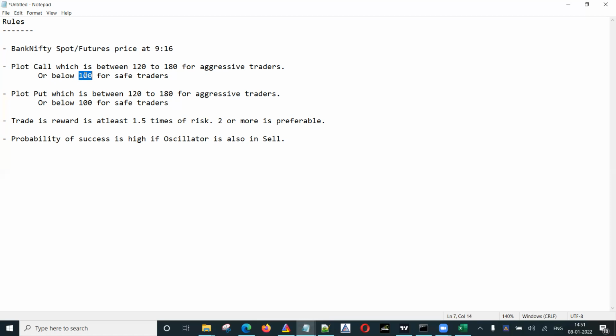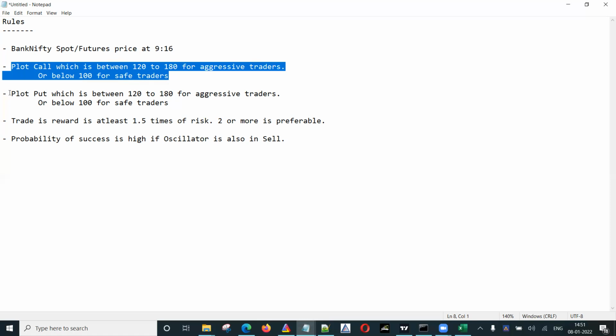Preferably they would prefer below 50, which is also fine. It all depends upon what your risk profile is. However, we will have strikes priced around 120 to 180, as well as strikes which are below 100. So two types, and for both call as well as put, the rules are the same.